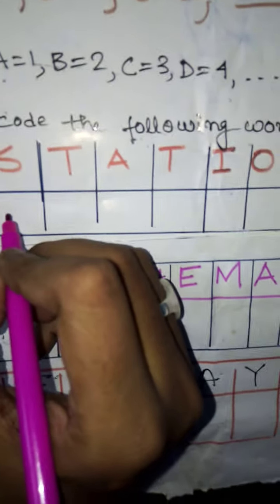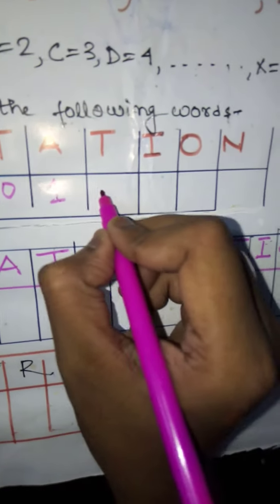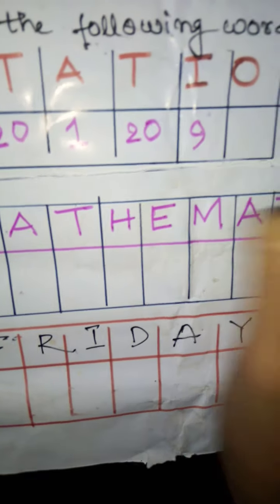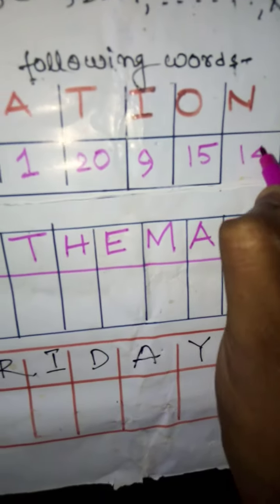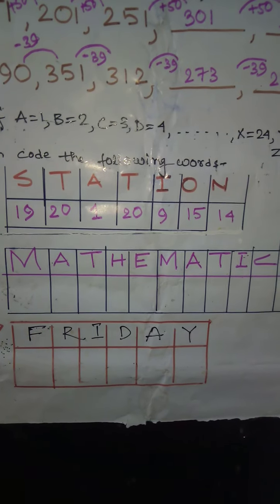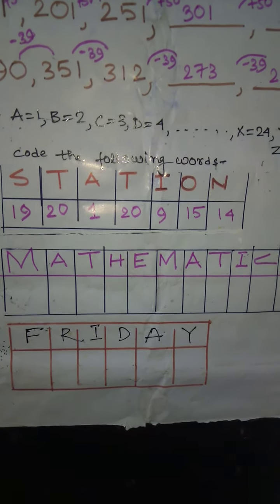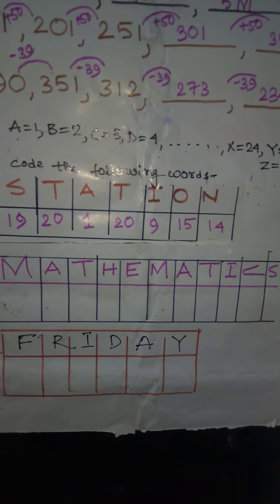If you can remember, we'll put 19 for S, 20 for T, 1 for A, 20 again for T, 9 for I, 15 for O, and finally 14 for N. So if you want to code station following the same rule given here, station will be coded as 19, 20, 1, 20, 9, 15, 14.